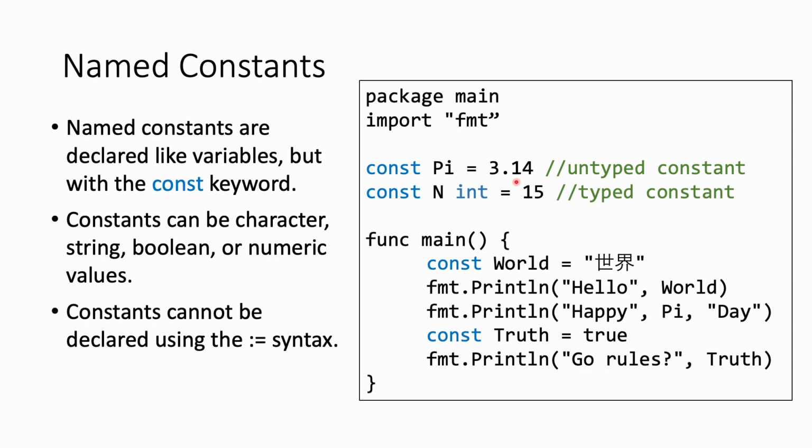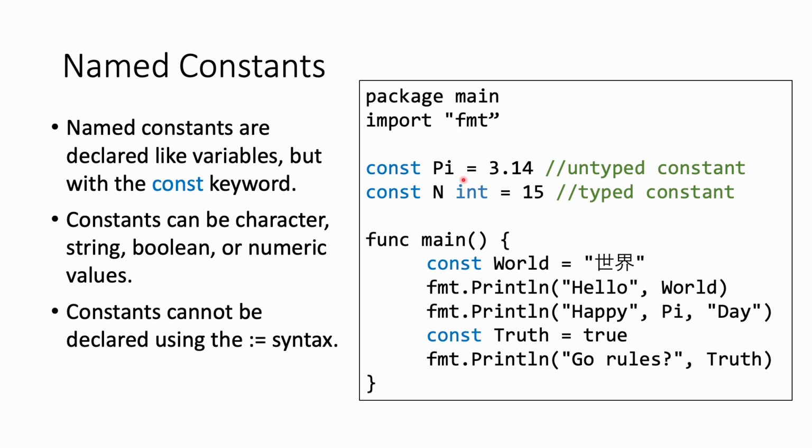Such values, named or otherwise, are called constants in Go. And so when we use the const keyword, we give it a name. Named constants are declared like variables, but just use the const keyword.